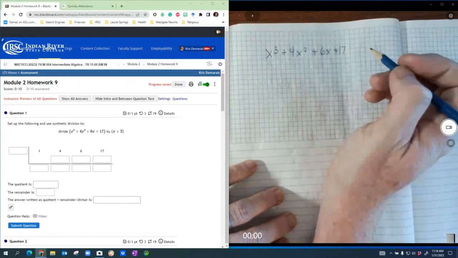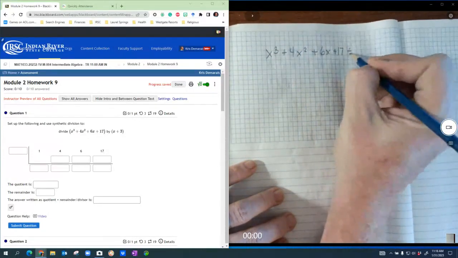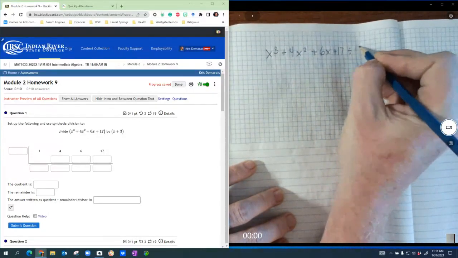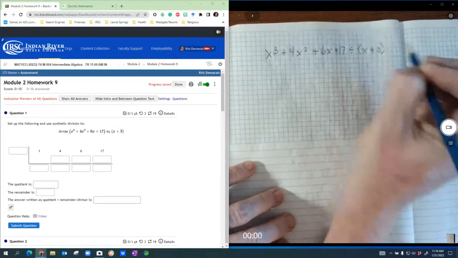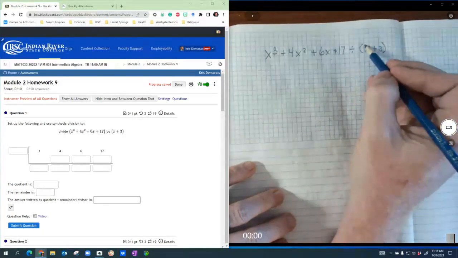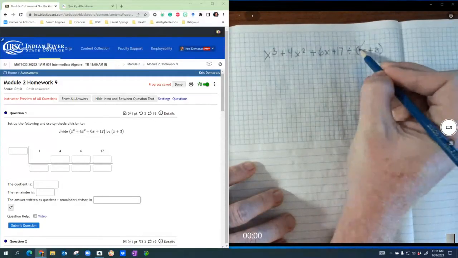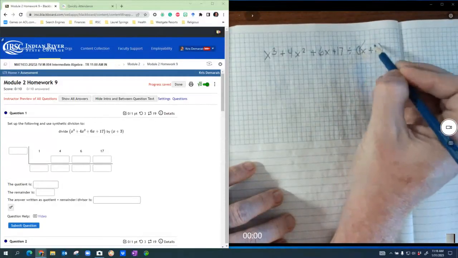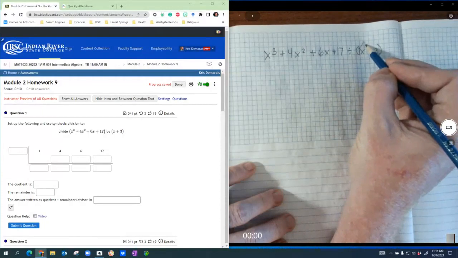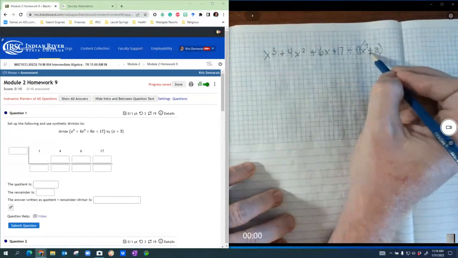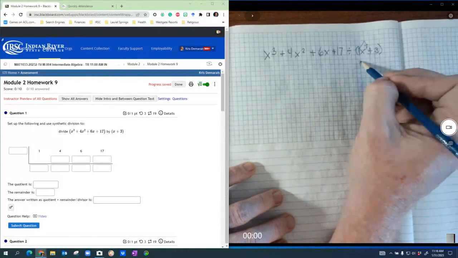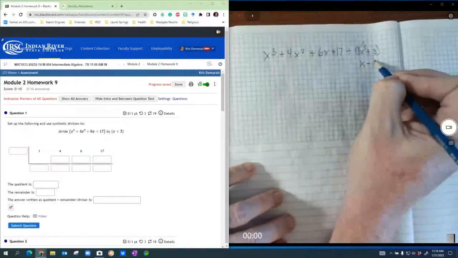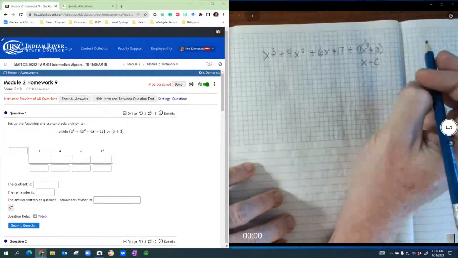When we're dividing, the way synthetic division works is that the term we're dividing by has to have a leading coefficient of 1, its degree power has to be 1, and it has to have another term right here. So it has to be in the form of x minus c.